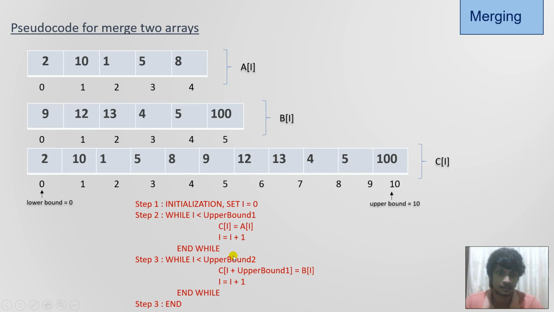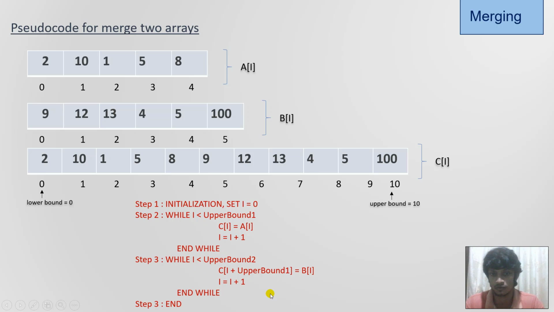Likewise, in the second loop it traverses each and every element in the second array and assigns it to the C array. In the first loop I starts as 0 and goes up until the upper bound of the first array.